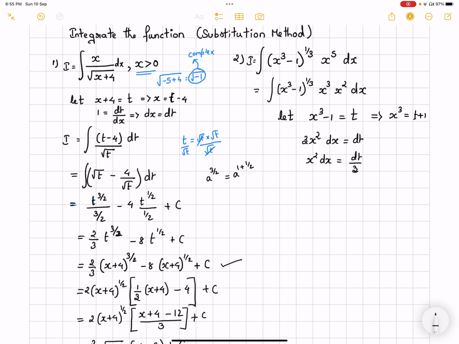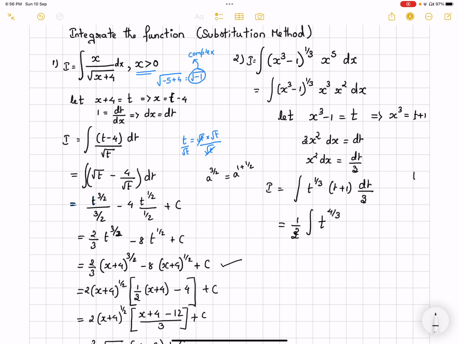Okay. So we will be going ahead and changing as per our substitution. So it becomes t to the power 1/3 into (t + 1) into dt by 3. 1/3 is the constant. So I would be having t to the power 1/3 plus 1, so I would be getting t to the power 4/3.